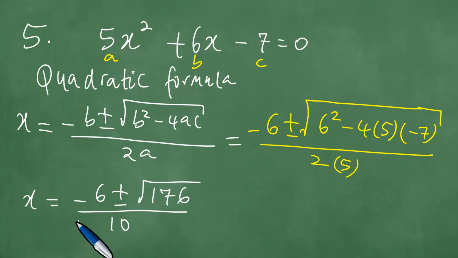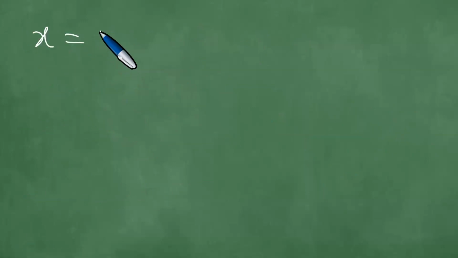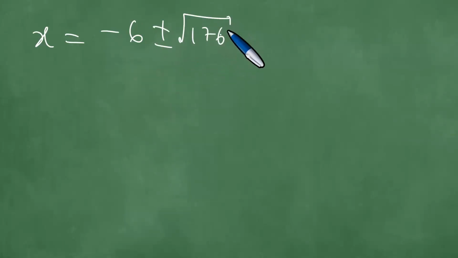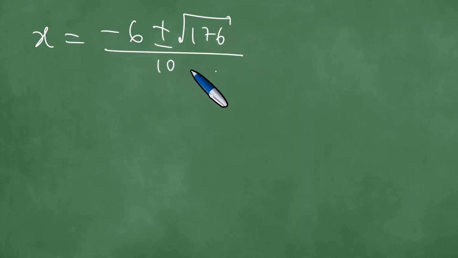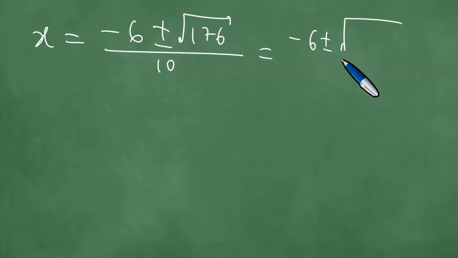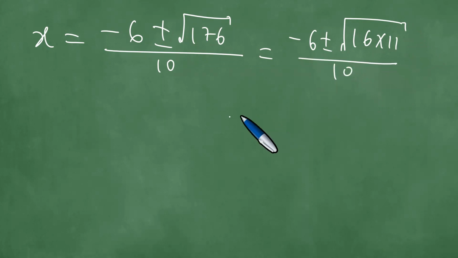We're getting that x is minus 6 plus or minus the square root of 176 over 10. What are the factors of 176 that can bring so much joy to us? 16 by 11. So 176 has the factors 16 by 11, out of 10.